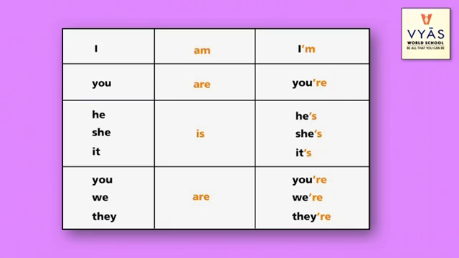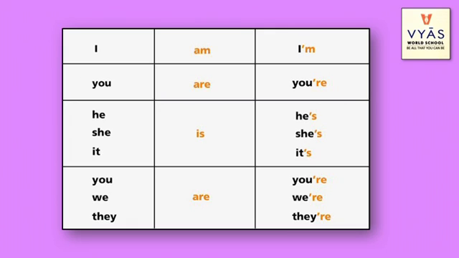Now on your screen you can see a few examples of contractions. In the first column, the first word of each contraction is written. In the second column, the second word is written, and in the third column, the contracted form, or the short form, of those two words is written. So you can see that the first word remains the same, and a few letters are taken from the second word, and in place of those missing letters, we have placed an apostrophe.